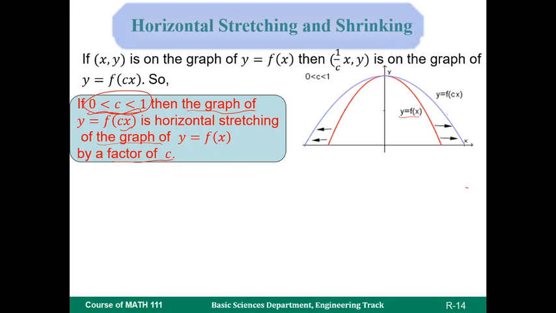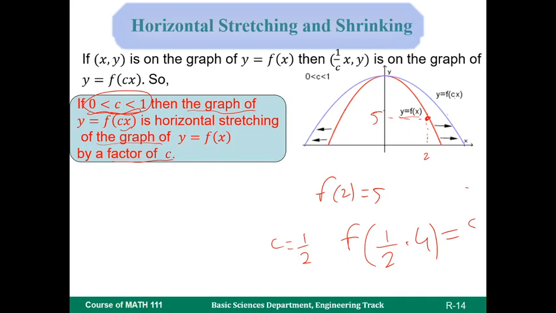Now assume we have this point (2, 5). Assume f of 2 is 5. Now, let's take c as 1 over 2. If you put 4 in, 1 over 2 times 4 is 2, so it will again give 5, right?